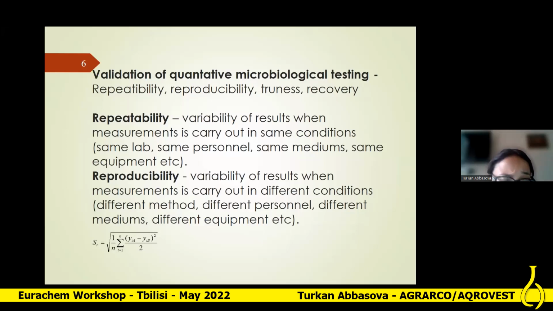And finally, after getting the results from the repeatability and reproducibility, every laboratory should estimate the standard deviation. For the estimation of the standard deviation, we use the SR formula, and from this SR formula the laboratory can finally estimate its measurement uncertainty.